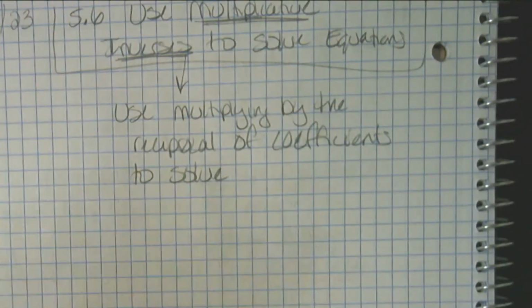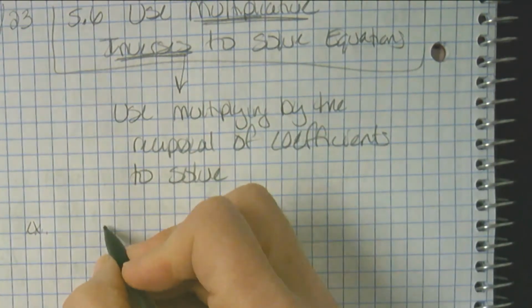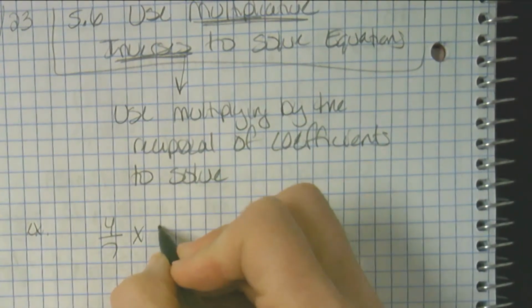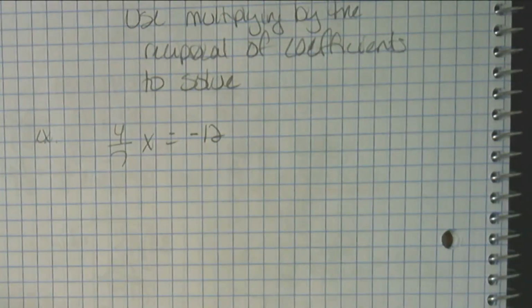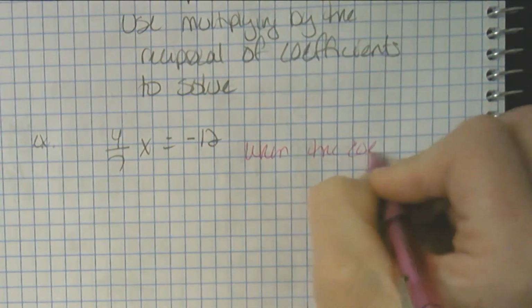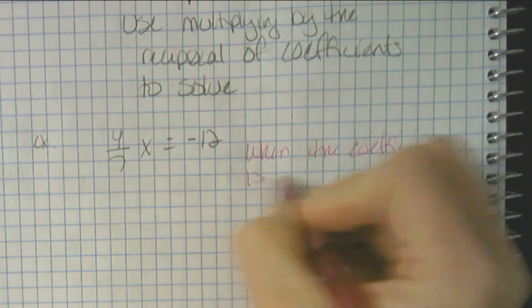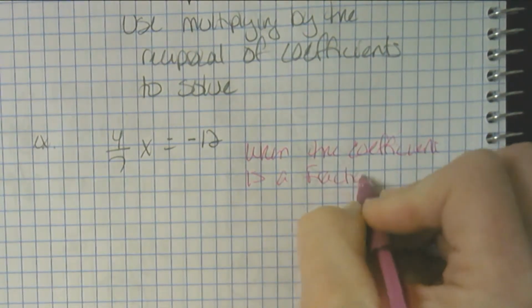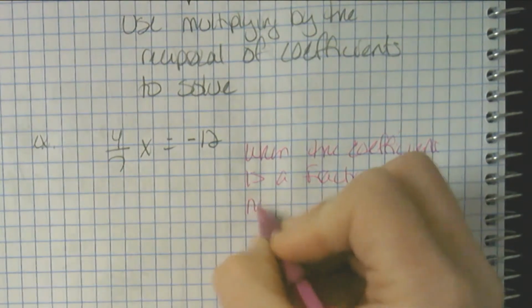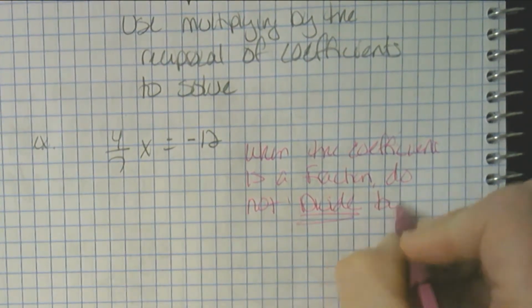All right, so let's take a look at a couple problems. So I have 4/7 times x is equal to negative 12. I just want to remind you, when the coefficient is a fraction, do not divide by the fraction.